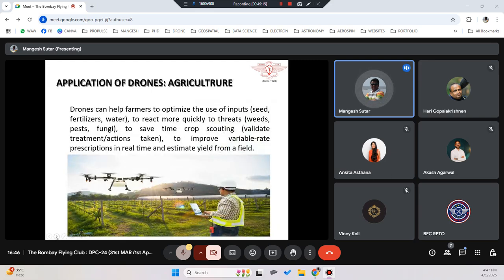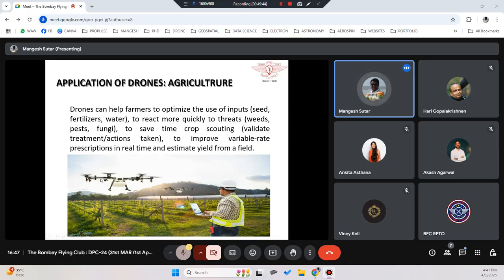Okay, so applications of drones, we have spoken about this multiple times. Drones are used not only for spraying fertilizer or water, but to react more quickly to threats like weeds, pests, fungi. So you can appropriately apply pesticides or fertilizer to save time, for crop scouting, validating treatment, and action taken to improve the variable rate prescription in real time, which will help estimate yield from the field.